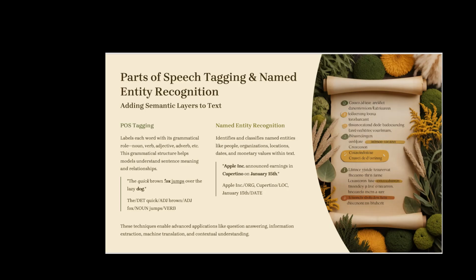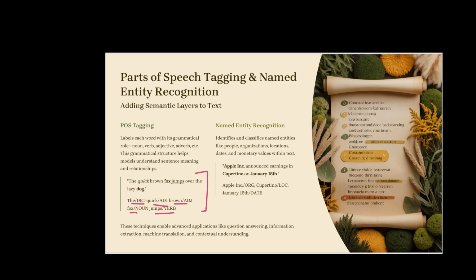If we pass the sentence, the quick brown fox jumps over the lazy dog, each and every word here would be classified as one of the parts of speech tags. The stands for determiner, quick stands for adjective, brown stands for adjective, fox stands for noun, and jumps stands for a verb.